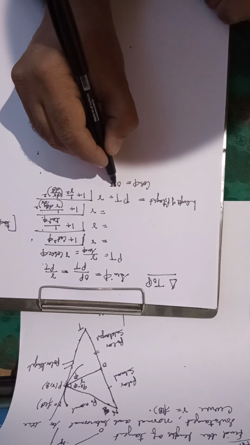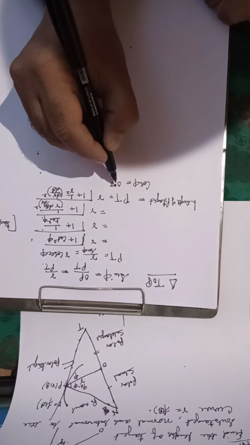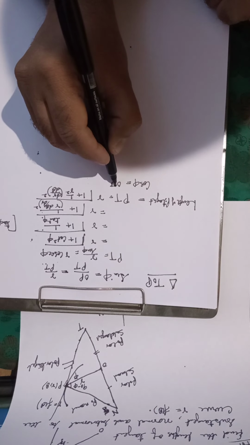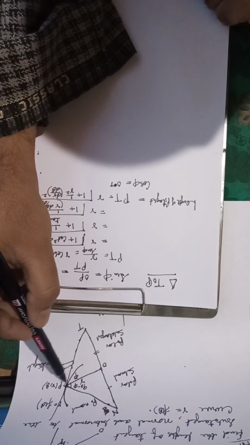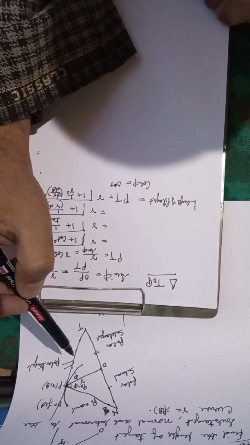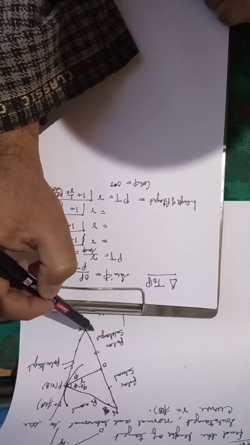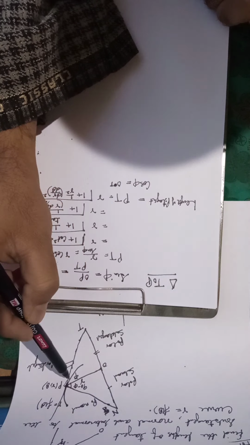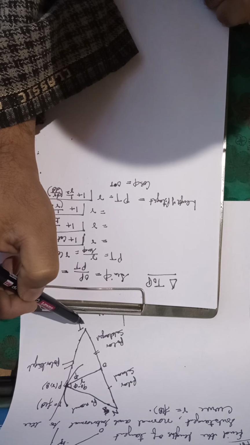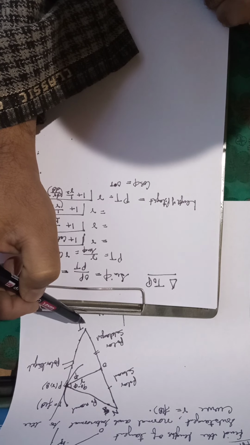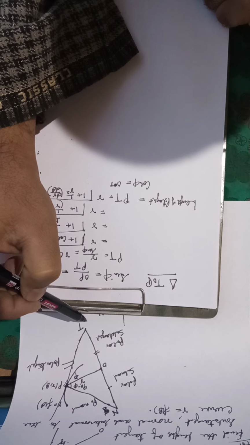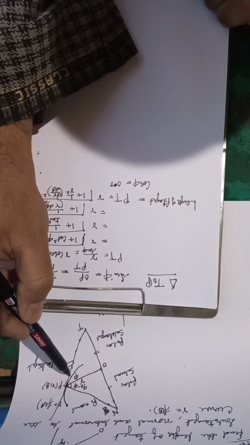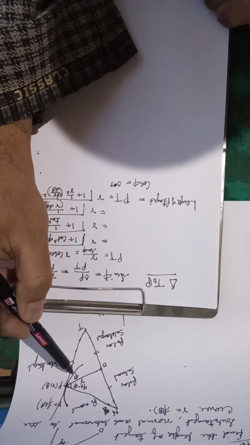See, from this triangle, sine was perpendicular by hypotenuse, and cos is base by hypotenuse.